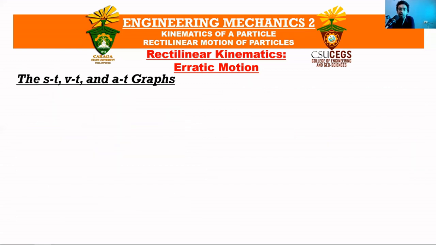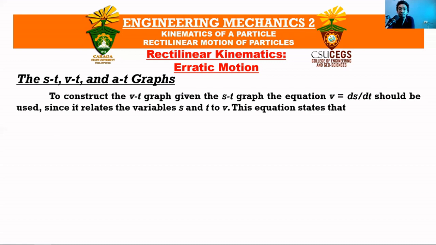Okay, so let us discuss the different types of graphs that you may encounter in this topic. The first one are the s-t, v-t, and a-t graphs. In a given problem, it depends on which graph is given. If ever s-t graph is known or given, you will construct first the v-t graph using the v is equal to ds over dt of the kinematic equation, since it relates the variables s and t to the variable v.